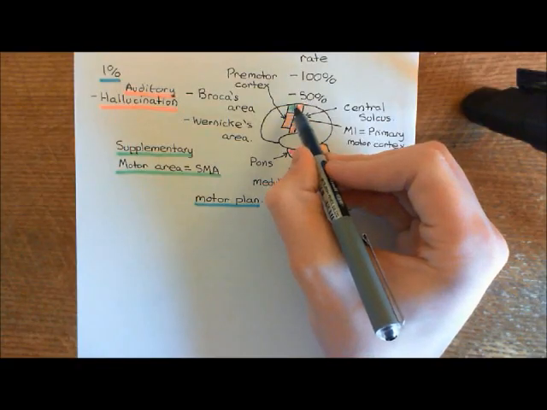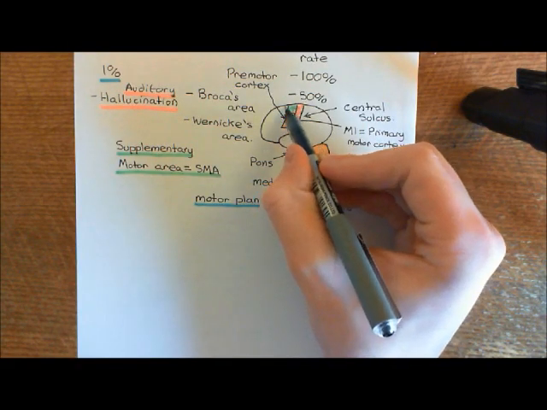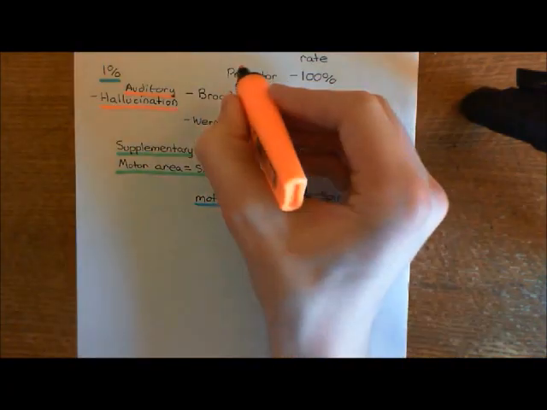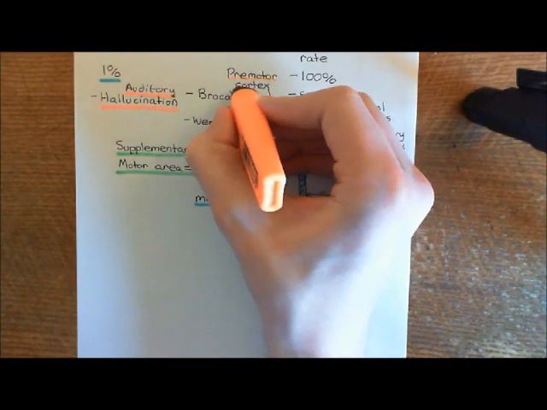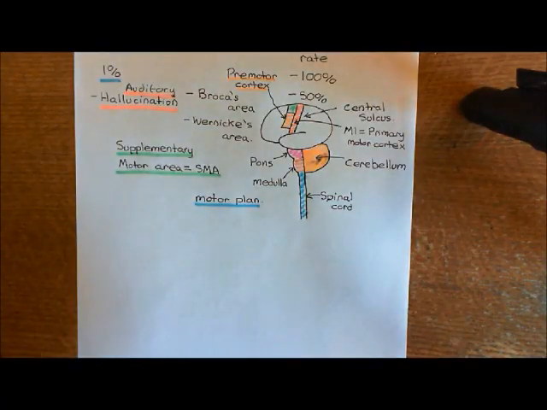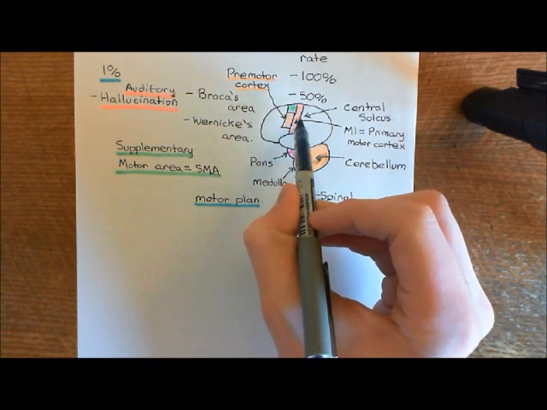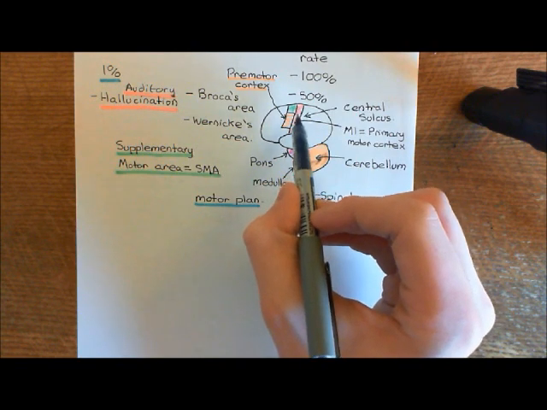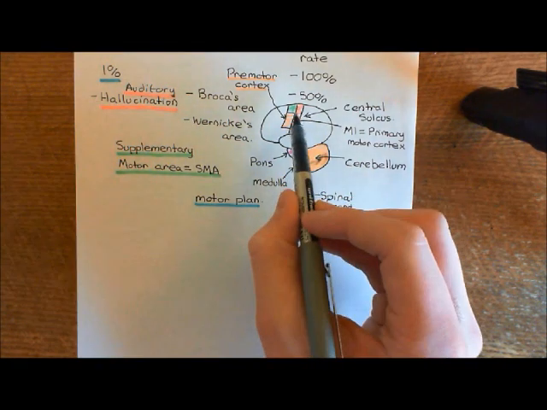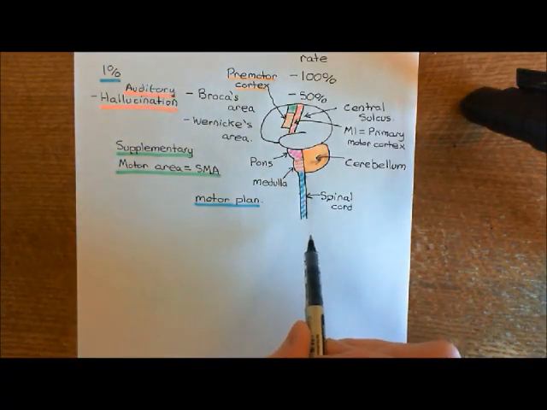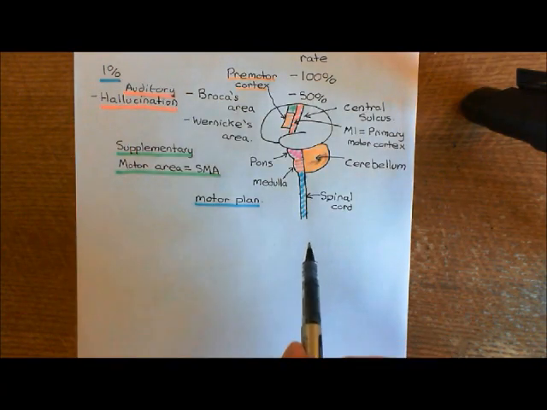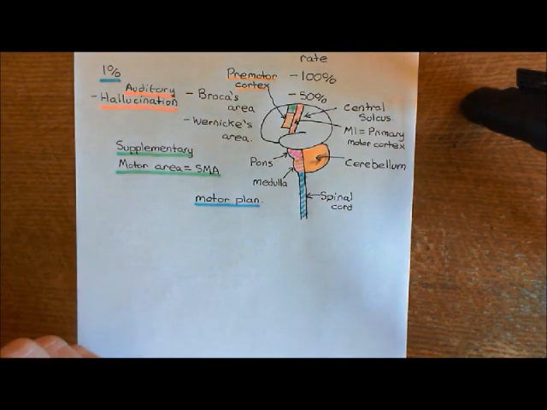It's believed that the secondary motor cortex areas, the supplementary motor area and the premotor cortex, come up with the elaborate combination of action potentials that you need. They then send this motor plan, stimulating the primary motor cortex, which contains neurons that send their axons right down the spinal cord, and those axon terminals then synapse on the motor neurons themselves, which leave the spinal cord and go to the periphery to stimulate the muscles.